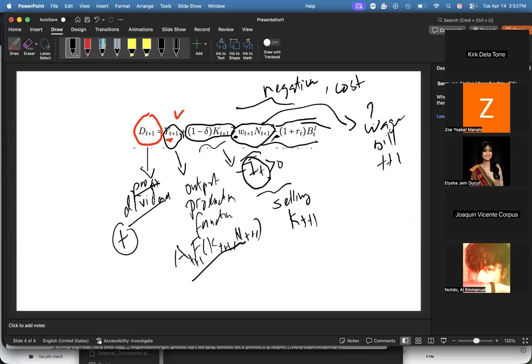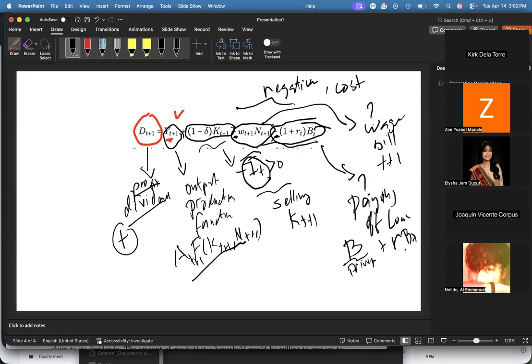What about this guy? What's this one? That's the borrowings with interest that you have to pay. Yes, this is you paying off the loan, right? You're paying not just the B, which is what's called the principal, but you're also paying what?